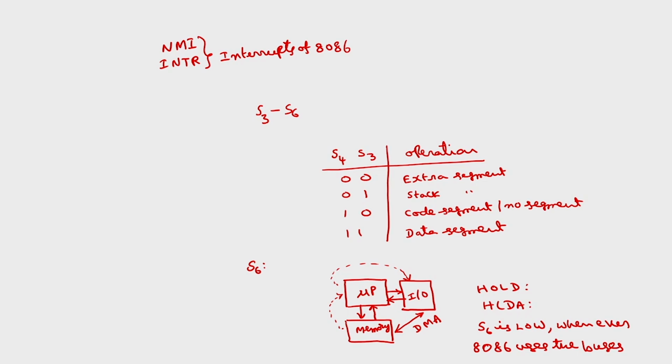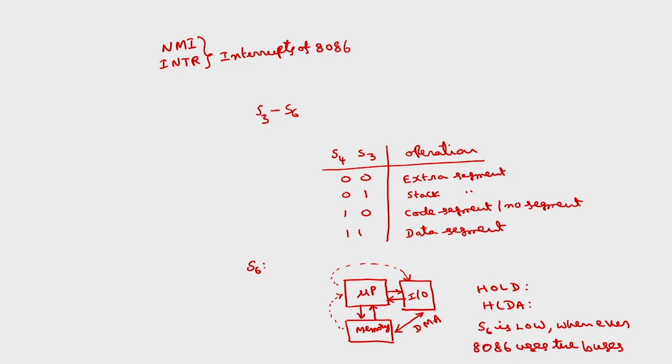If the memory requests the buses through the hold signal while the microprocessor is using them, then the S6 signal will be low. So the memory will check the S6 signal and understand that the microprocessor is using the buses. Whenever the use of the buses is over, the microprocessor is ready to give the buses to the memory.